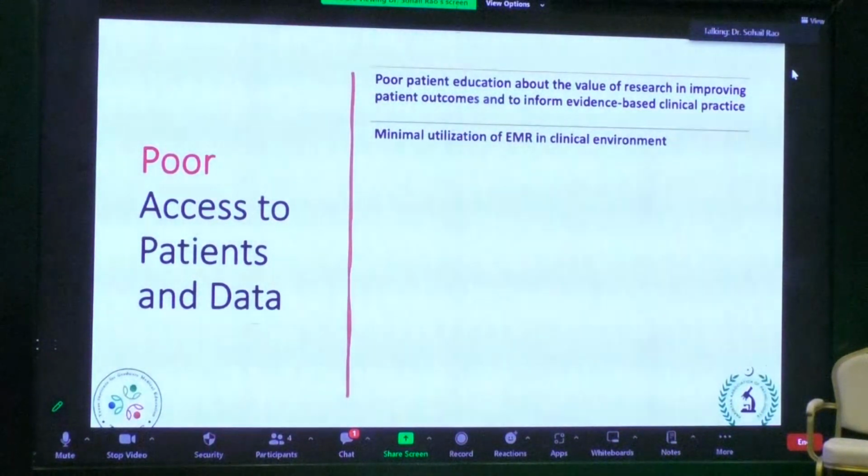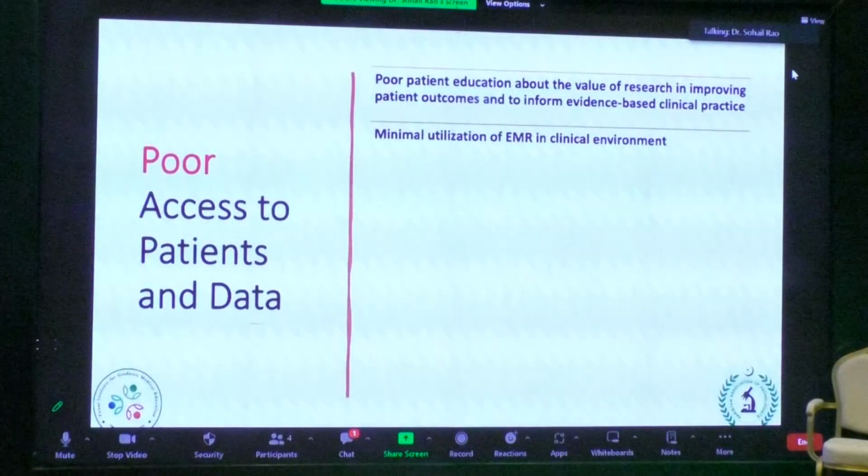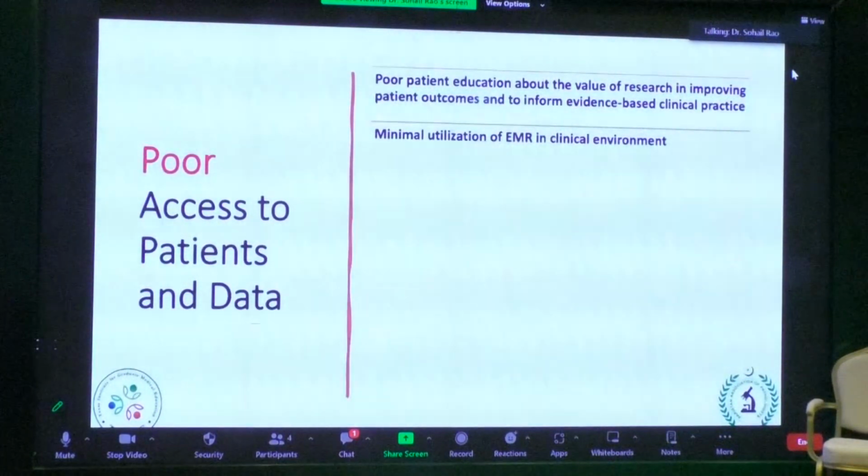And this has to start with the provider, i.e. the physician, and that's where we are having some of the limitations. There is very minimal utilization of electronic medical records in the clinical environment in Pakistan. Even those institutions which have EMR are not fully utilizing it. They are still paper-based, and that creates a problem in conducting quality research.